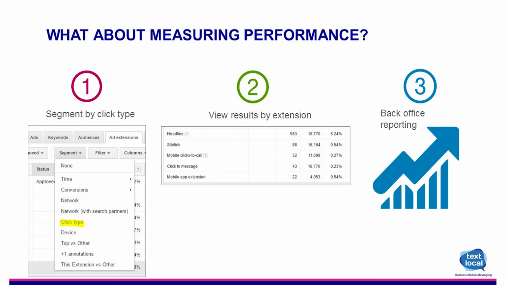At the moment you can see the top level engagement, but what we've had to do is look at back office data for more insights, where you can see what the person who sent this message then went on to do. So as long as you have that capability, you can use a mixture of both AdWords data and your own back office data to measure performance here.